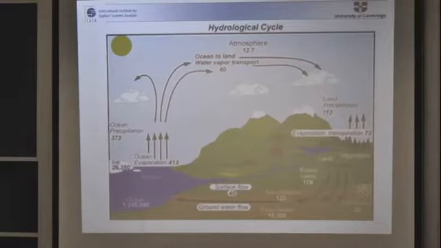It is then used by humans, industry, and agriculture. But sometimes solar radiation and temperature rise, and water is transformed from its source to the atmosphere again through evaporation as well as transpiration from the plants.